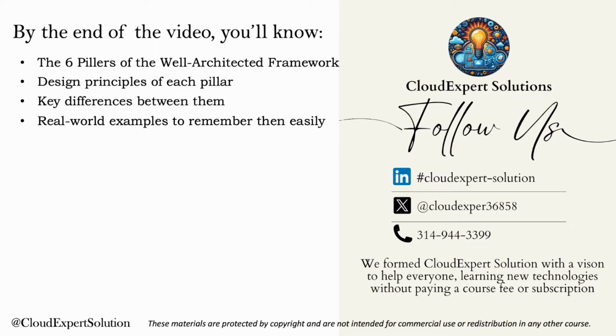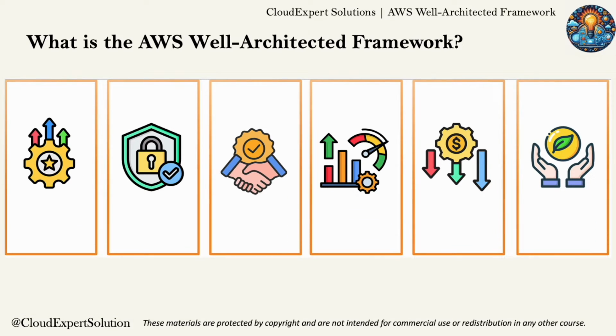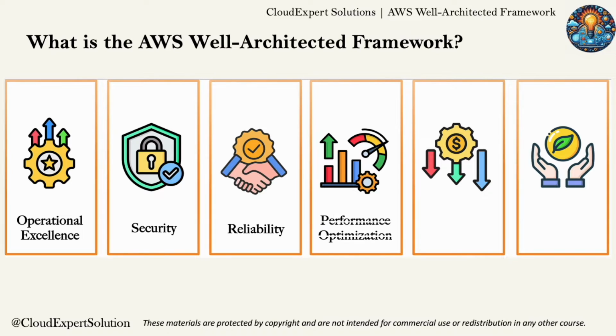Let's jump in. The AWS Well-Architected Framework is like a blueprint for building strong, efficient, and secure cloud systems. It is based on 6 pillars: operational excellence, security, reliability, performance efficiency, cost optimization, and sustainability.